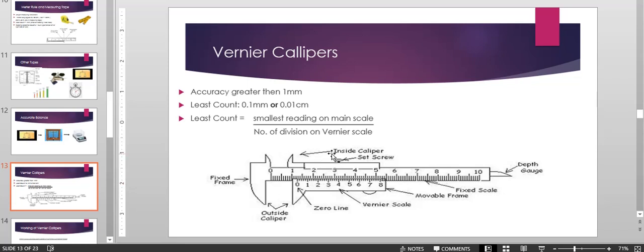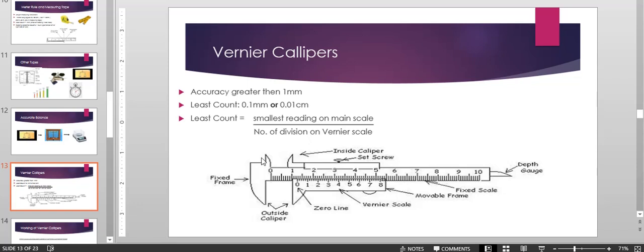And by the number of divisions on the vernier scale, we mean the total divisions of the vernier scale, which are equal to 10 most of the time. So when we divide 1 millimeter by 10 divisions, we get 0.1 millimeter, or 0.01 centimeter when we divide it by 10, as 1 centimeter is equal to 10 millimeters.